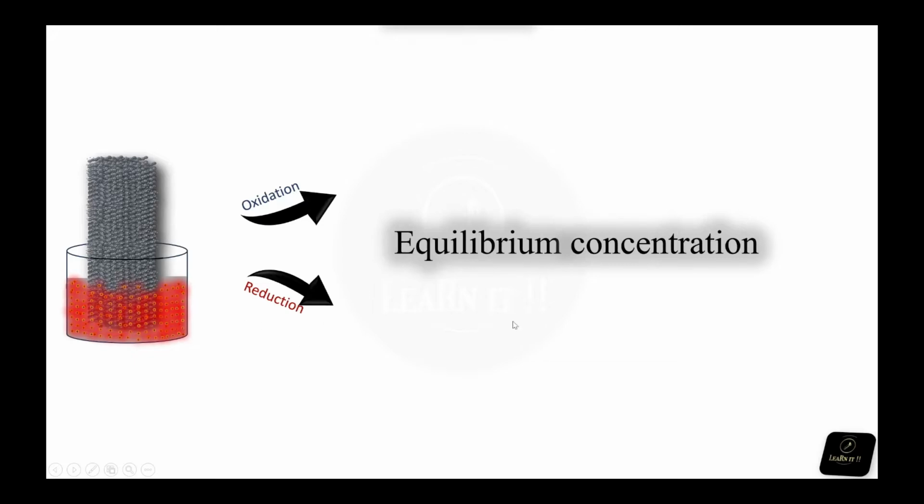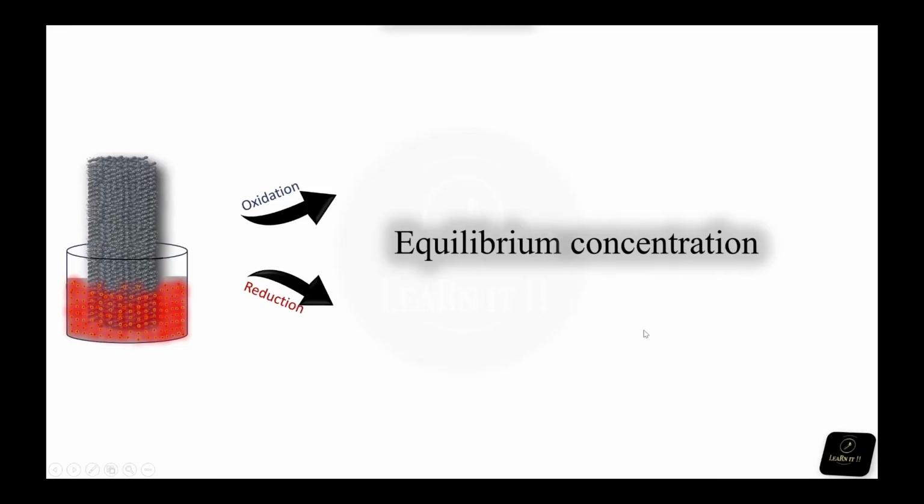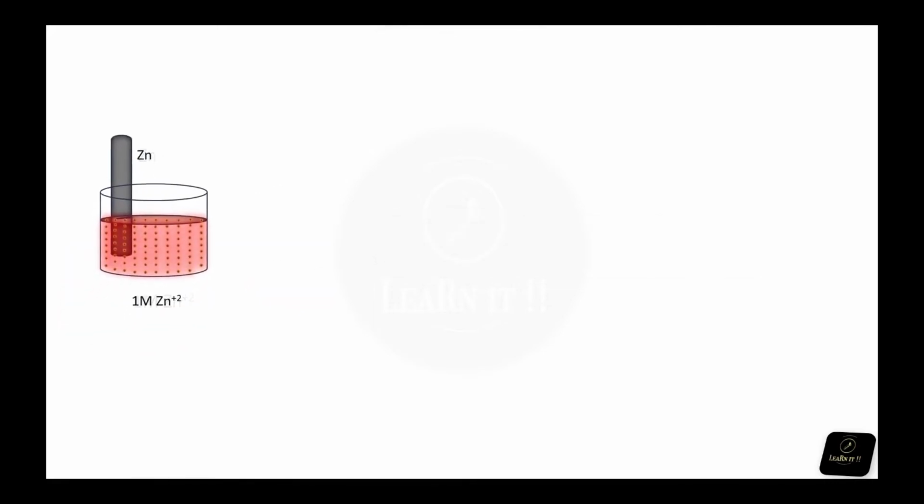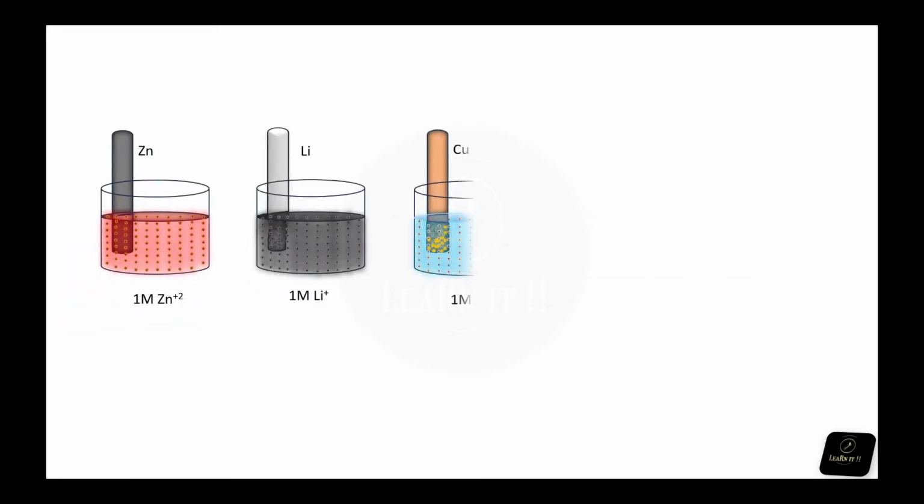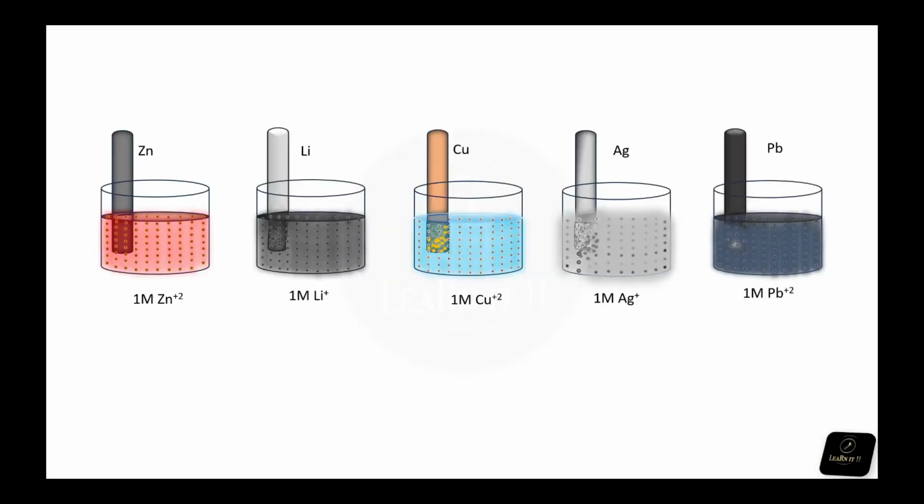So now the question comes: what if the concentration of the solution becomes 1 molar and we take different electrodes like zinc, lithium, copper, silver and lead? At this time, what will happen?